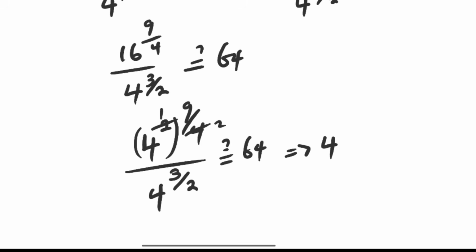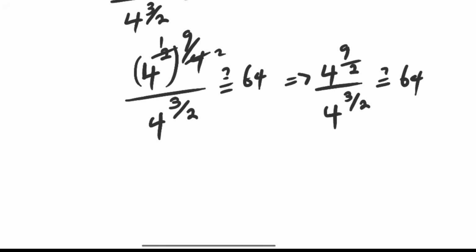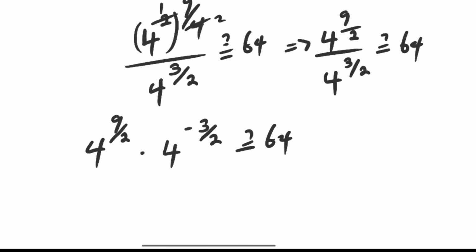We have 4 raised to power 9 over 2 over 4 raised to power 3 over 2 must be equal to 64. So this can be written as 4 raised to power 9 over 2 multiplied by 4 raised to power minus 3 over 2 must be equal to 64.